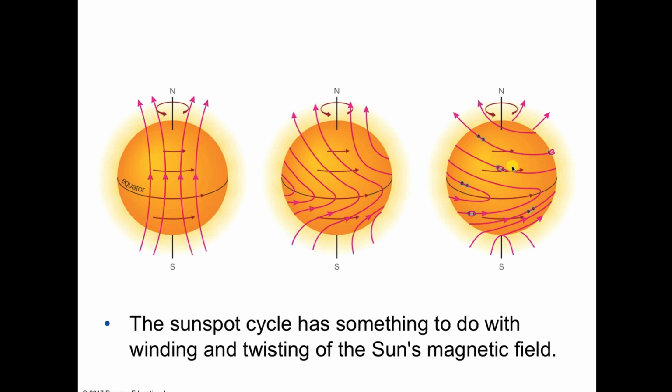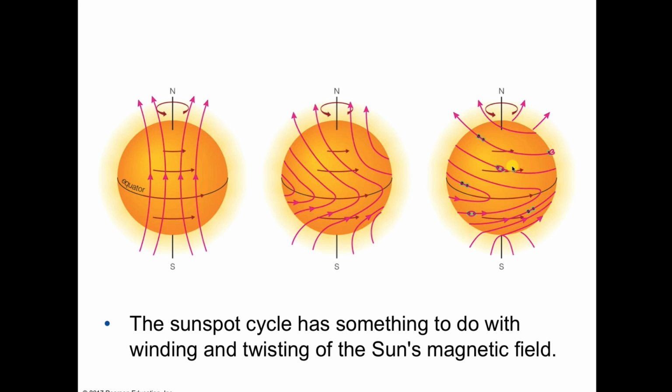So the sun's magnetic field actually reverses itself during these cycles every 11 years. The magnetic field gets so twisted up it almost breaks, switches itself around, reverses itself, and then starts over again. We're pretty sure that's what's going on.